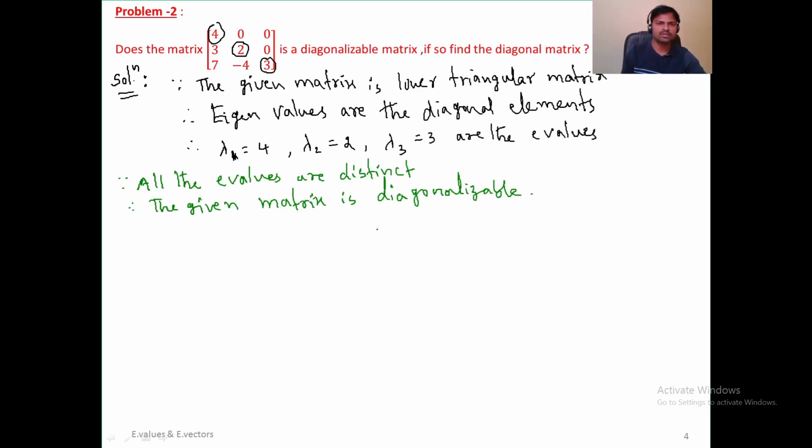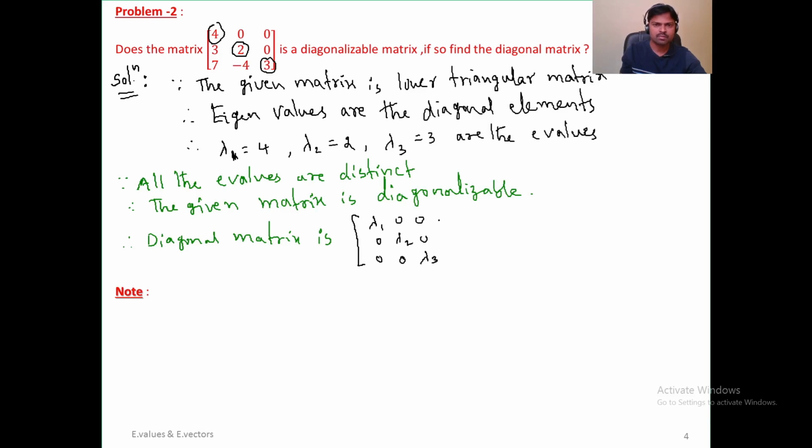What is the diagonal matrix? Simply lambda 1 0 0, 0 lambda 2 0, and 0 0 lambda 3.